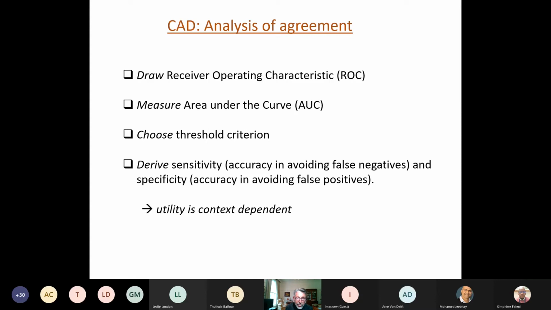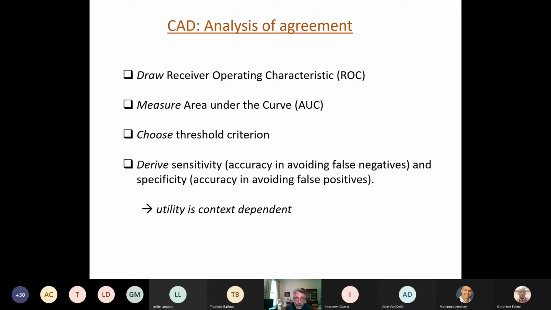And this, I will show you, is the trade-off between sensitivity and specificity as numeric variables. So bear with me. You need to measure the area under the curve, which is the metric used to decide how well the CAD agrees with the reference standard.